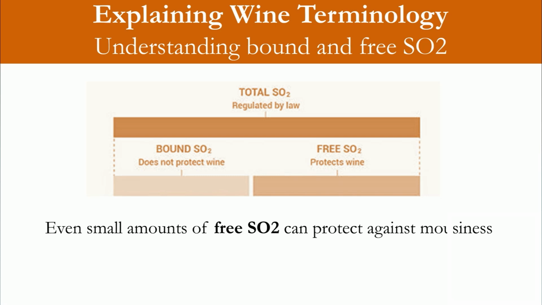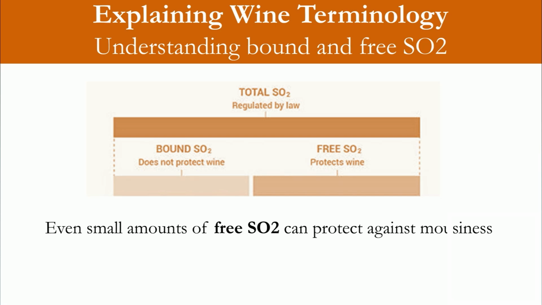And often there is a lot of marketing around that because it's claimed to be more of a natural product. But some producers will add some sulfur, but it's important to understand that that sulfur may bind itself molecularly to the wine, and there may be some left as free.